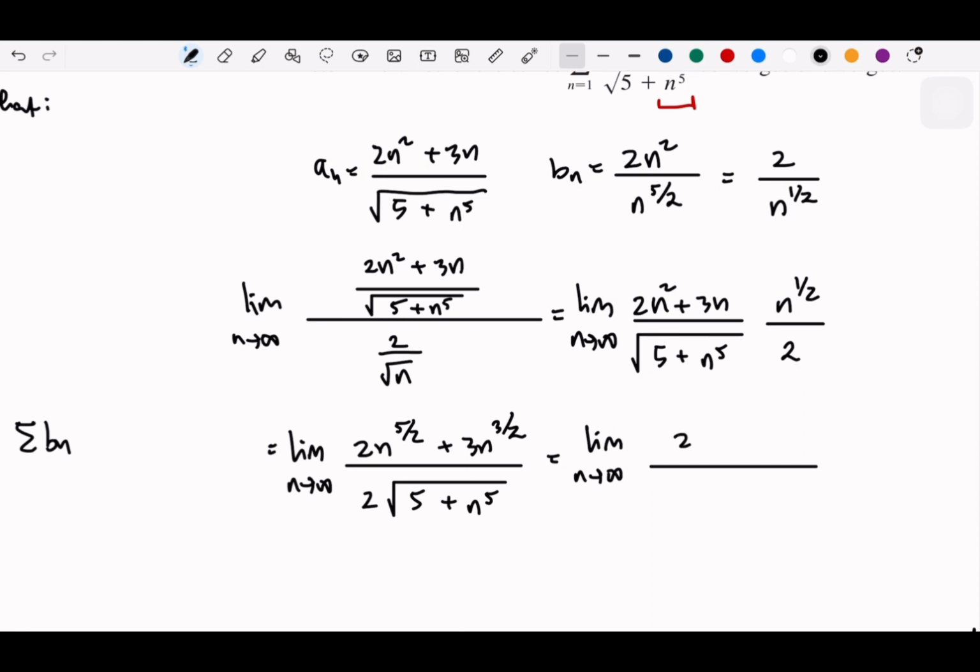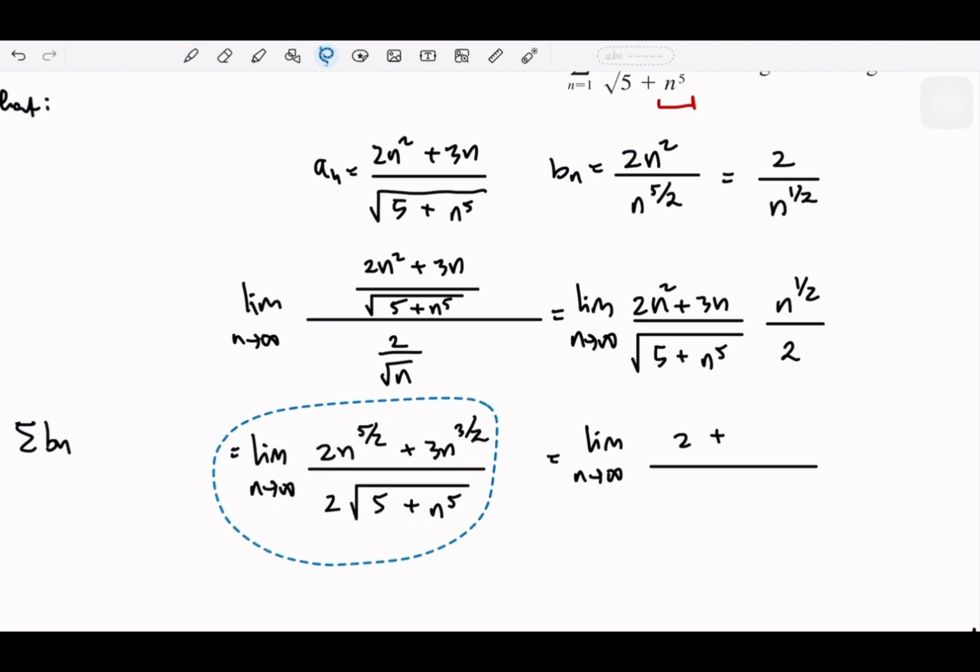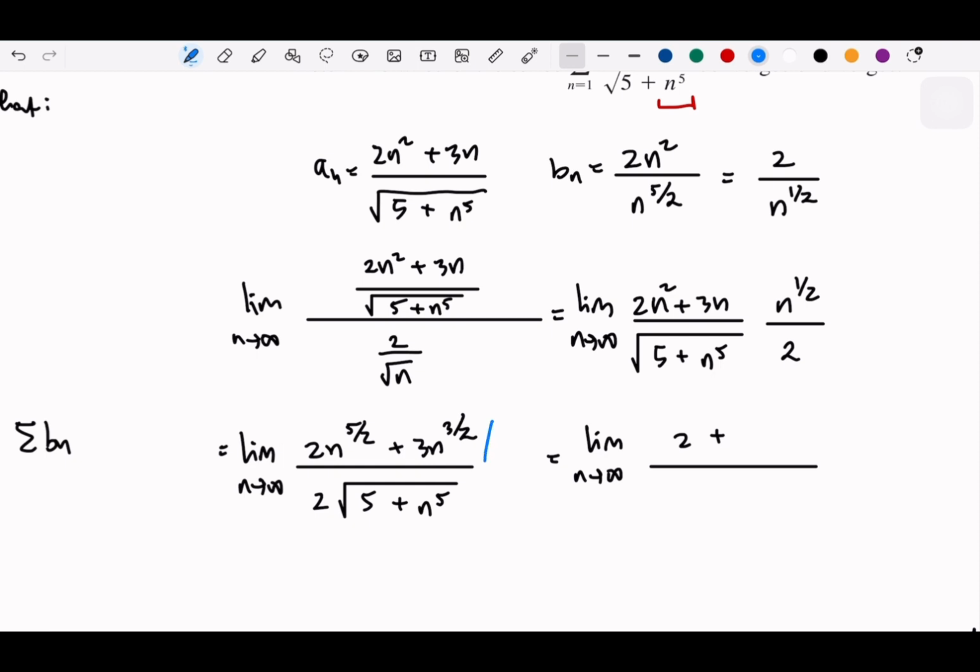So this will be 2 plus 5 with 1/n, 5/2. So 5/2 is minus 5. It's minus 2/2 minus 1. So 3/n, right? Okay.